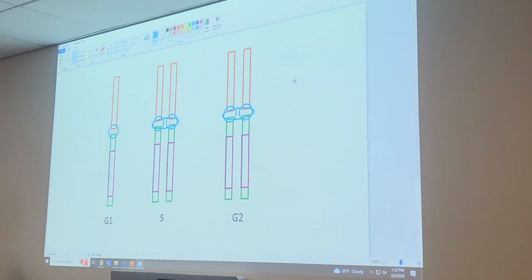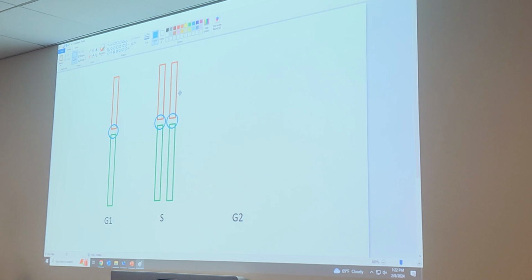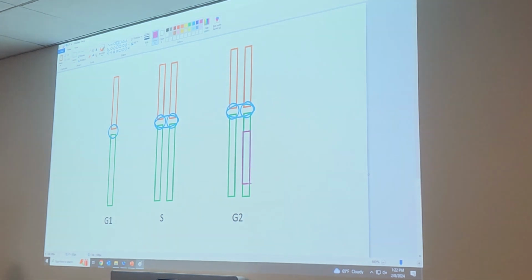On the other hand, let's say that I've got a regular chromosome, it goes to S phase normally, but then after it exits S phase, X-rays hit one of these sister chromatids. And now we have damage.